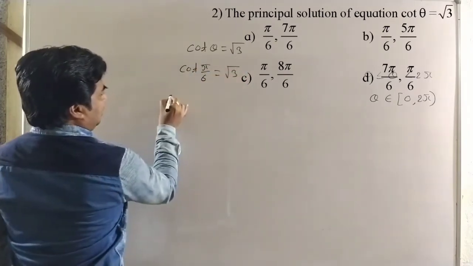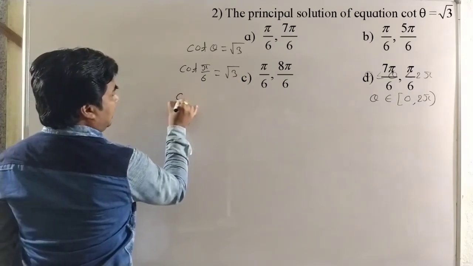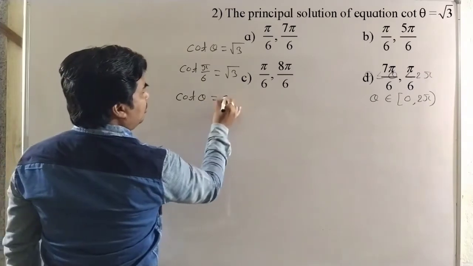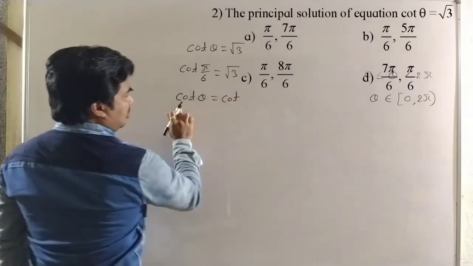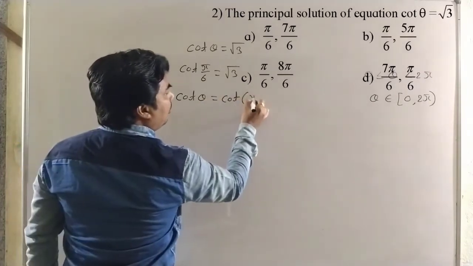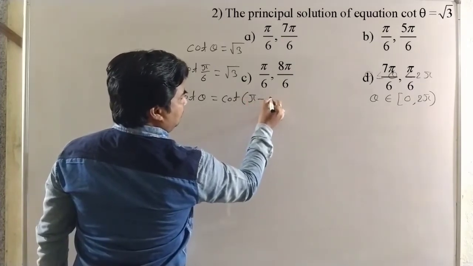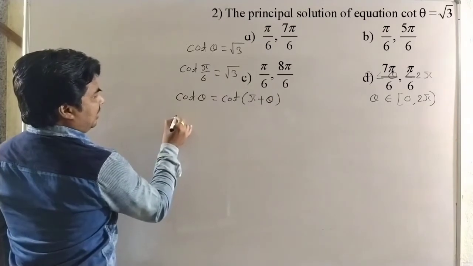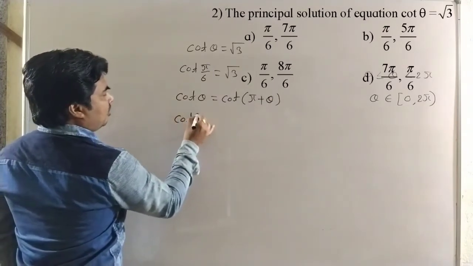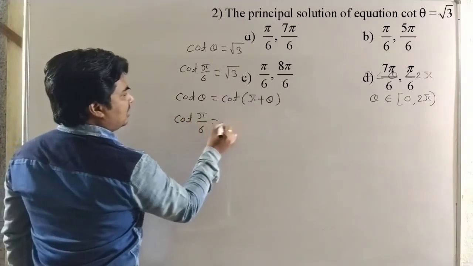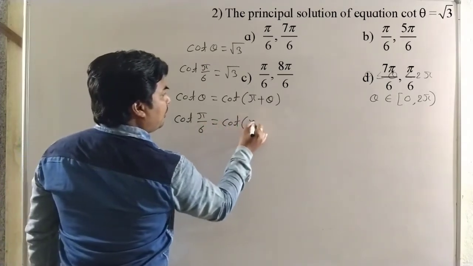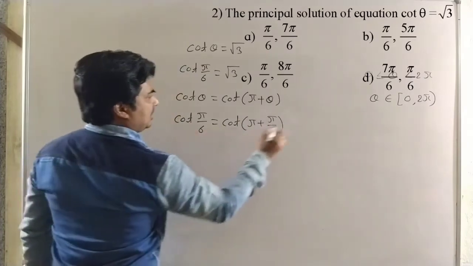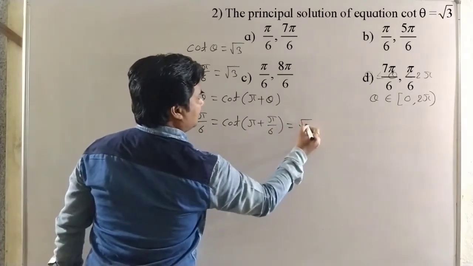Then we know the formula of the allied angle, cot theta. Cot theta is equal to cot of pi plus theta. Then here we write cot pi by 6 is equal to cot of pi plus pi by 6, and cot pi by 6 is under root 3.